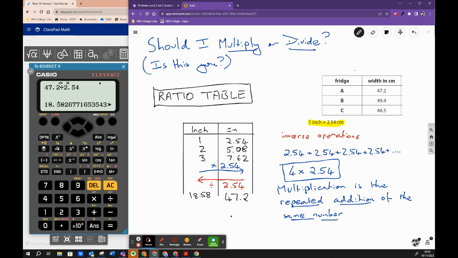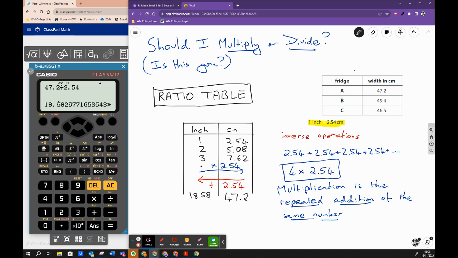I hope that's been helpful to you in seeing which way we're doing the multiplying and which way we're doing the dividing. If you end up doing a question like this, do take a bit of time out, draw the ratio table, use simple numbers like we have today, 1, 2, maybe 5, maybe 10, and start to get an understanding in your own mind about what's going on as we go from one side of the table to the other.